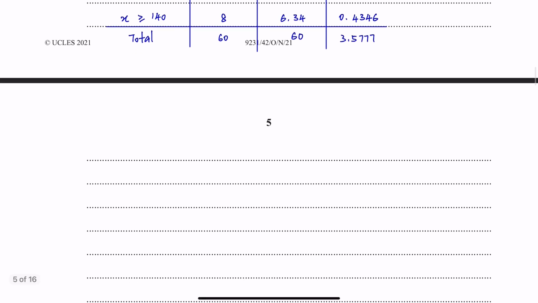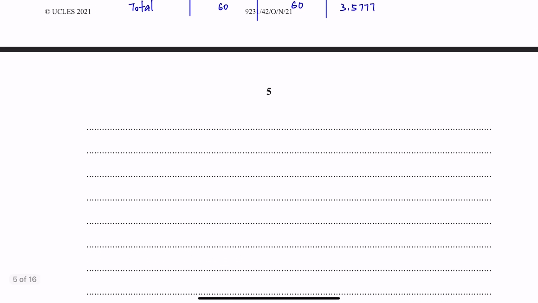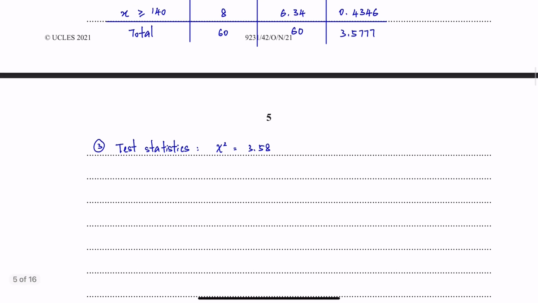So for the third step, we know that the test statistics would be chi-square equals to 3.58, corrected to 3 significant figure. This figure is from this sum of chi-square over here.